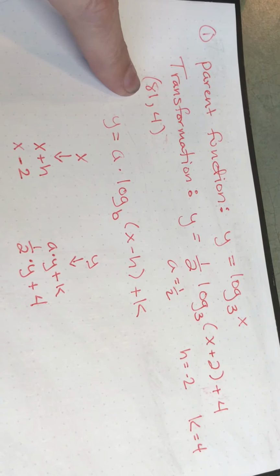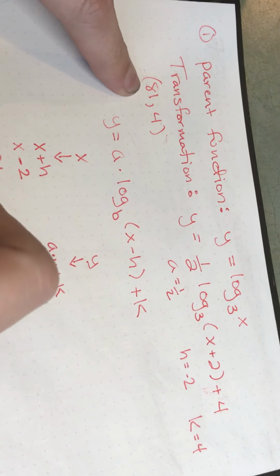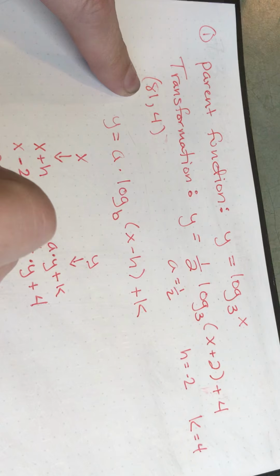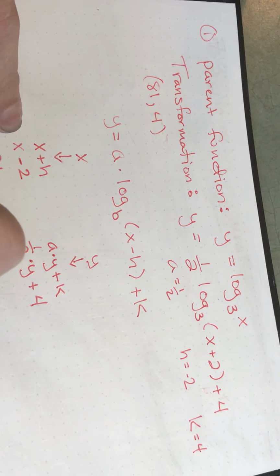So they're asking us to do this transformation on this point. 81 is my original x value, and now I'm going to transform that by saying 81 minus 2, which is 79, my new x value.